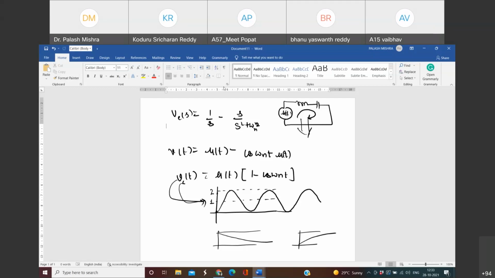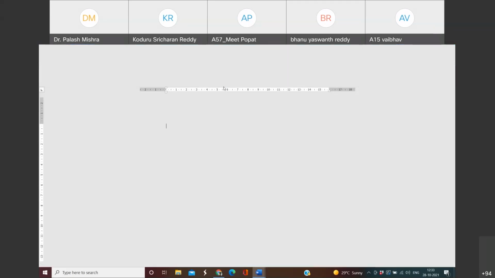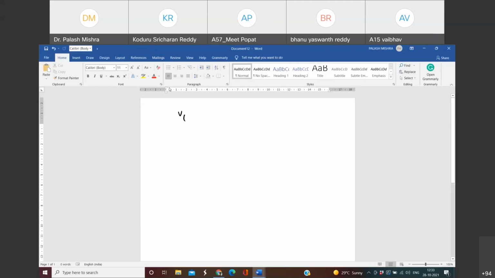You can ask me. Now, let us suppose the zeta value is 1. The VC(s) was given by 1 by S multiplied by 1 by LC, or omega n square, divided by S square plus 2 zeta omega n S plus omega n square.